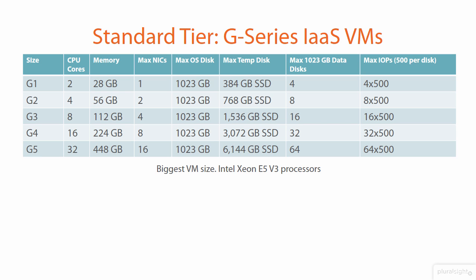You go and allocate it, you get 32 cores. It has up to 448 gigabytes of memory. It has up to 16 NICs. And it has performance of 64 times 500 IOPS per disk. It uses an Intel Xeon E5 V3 processor at the moment, and I'm sure as newer VMs come online, the G series is going to get bigger and crazily bigger.